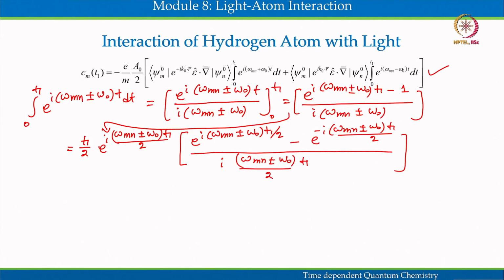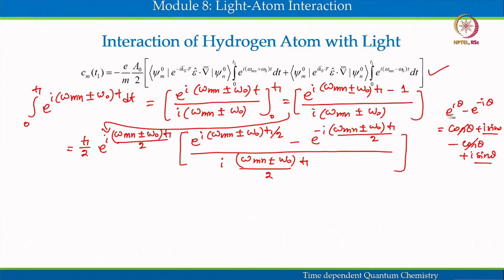If we do that, we can immediately simplify e to the power i theta minus e to the power minus i theta. This can be written as cos theta plus i sin theta, minus cos theta plus i sin theta, so I get 2i sin theta.